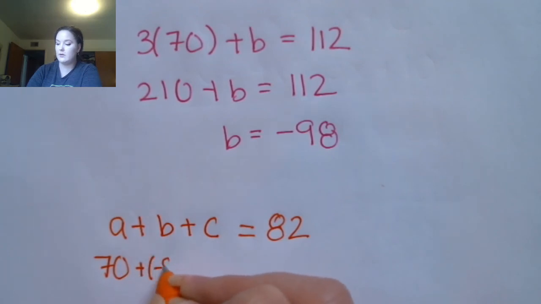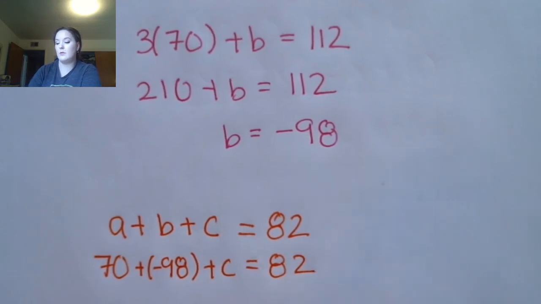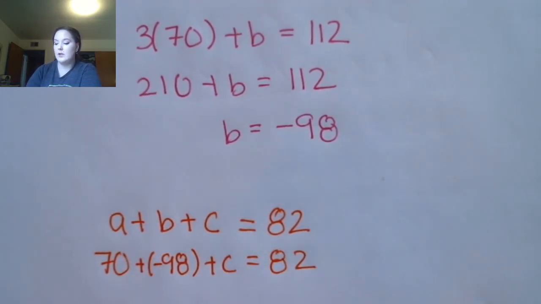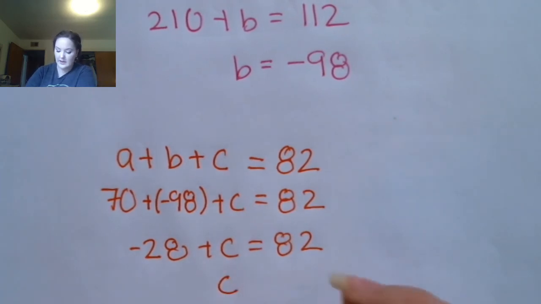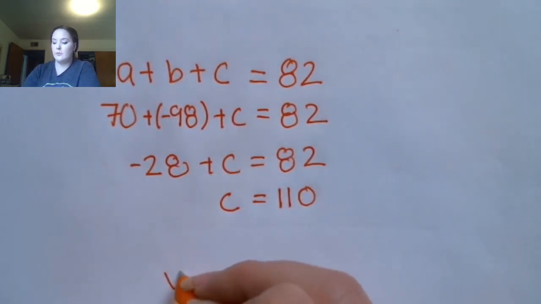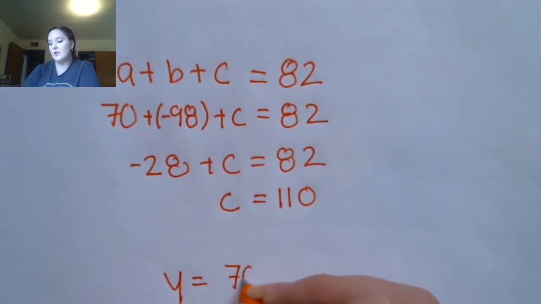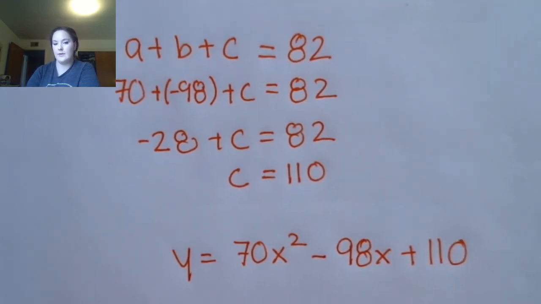Okay, so I get 70 minus 98, or negative 28, plus c equals 82. Okay, add 28 to both sides, and I get c equals 110. Okay, so my final equation would be 70x squared minus 98x plus 110.